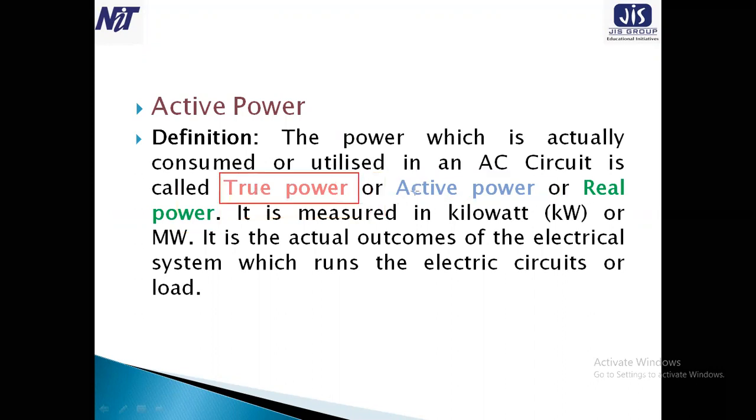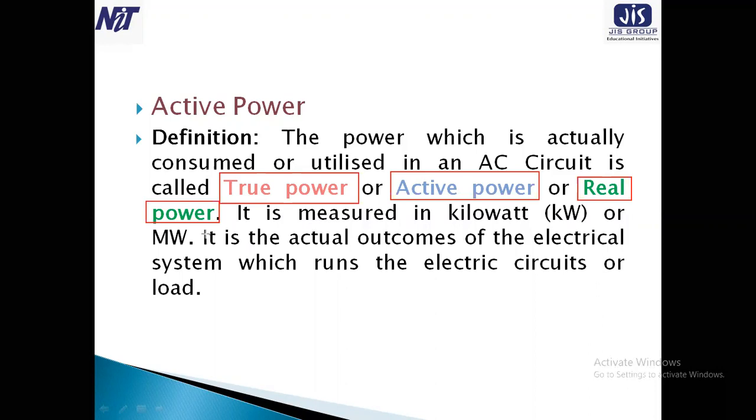So it has three names: true power, active power, and real power. It has some existence, some activity, some reality. For that reason, this power is called the active power or true power or real power.